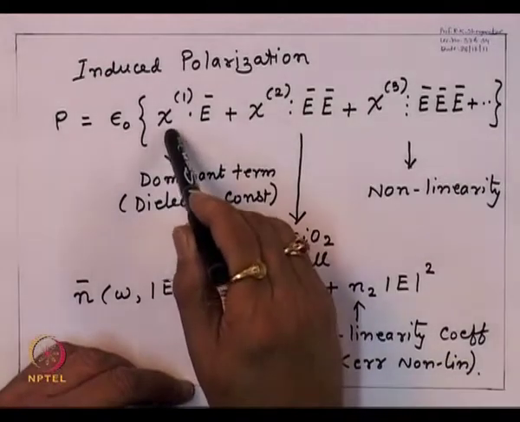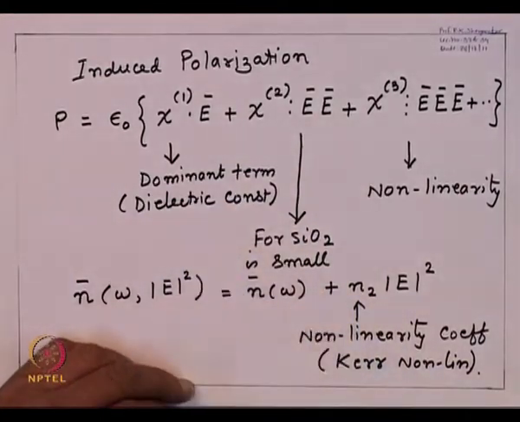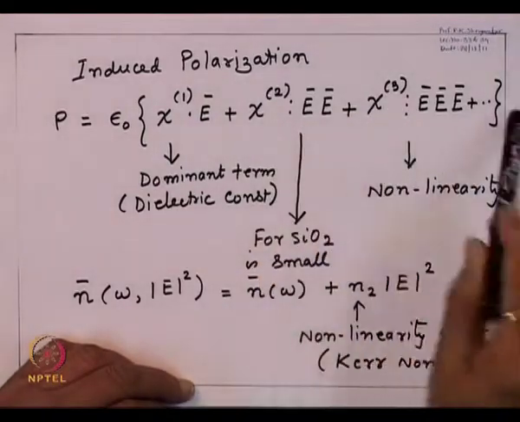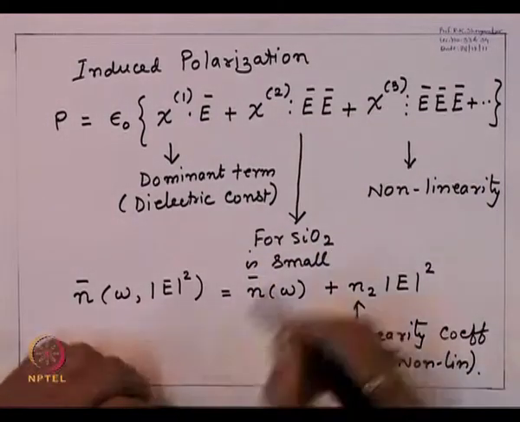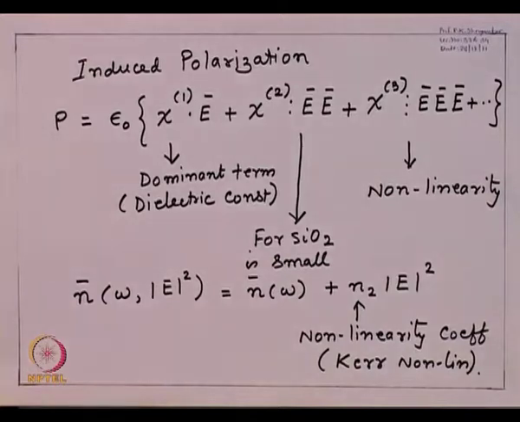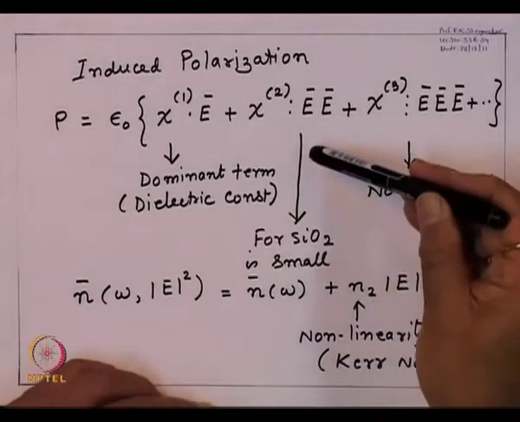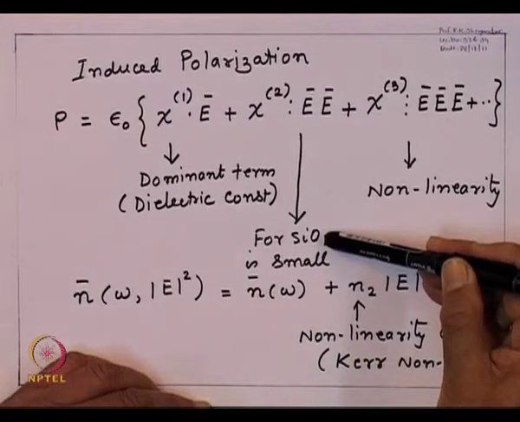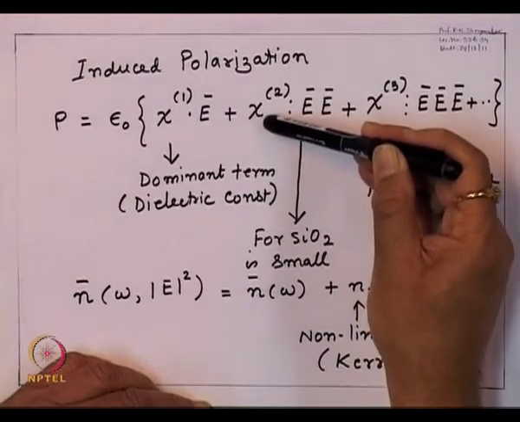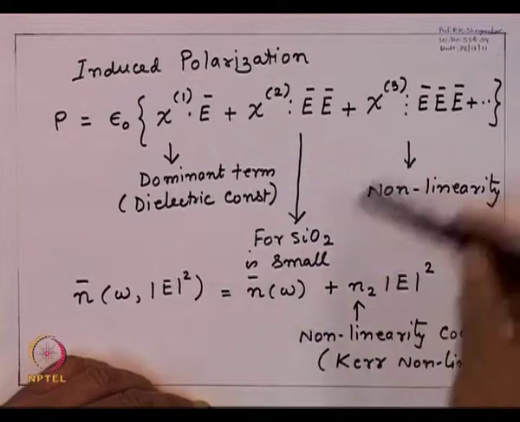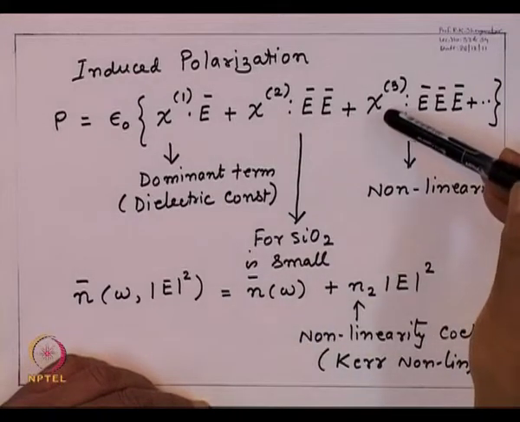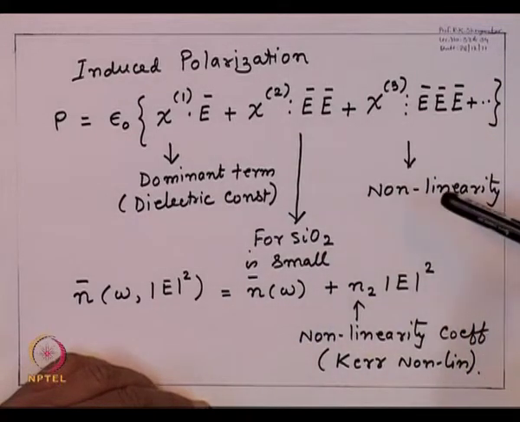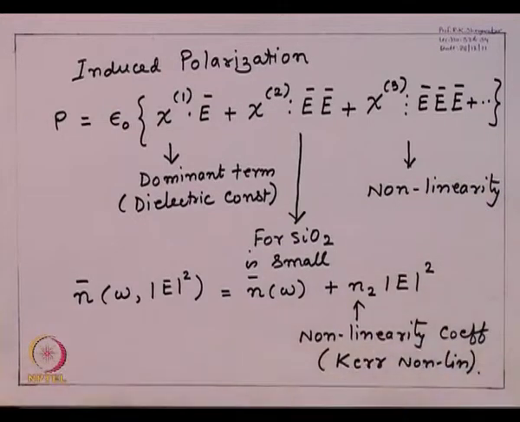The first order susceptibility gives what is called the dielectric constant, and these are the nonlinear terms in the dielectric constant. We also saw that for glass, the second order susceptibility is negligibly small, and therefore we see the effect of the third order susceptibility, which gives the nonlinear contribution to the dielectric constant.